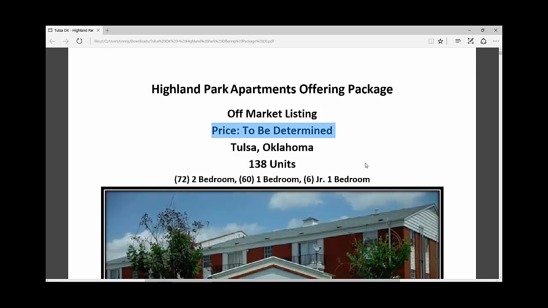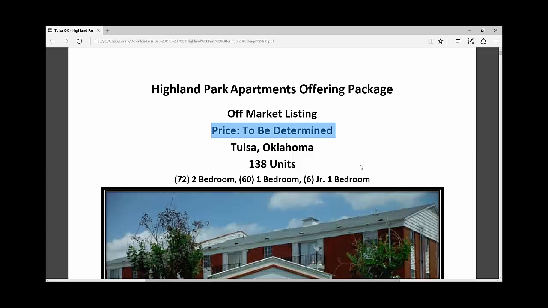If you're looking in the Tulsa, Oklahoma area, you know where this property is located, and you've been working in that area and are very familiar with the market, you should know what the cap rate is on this type of asset. That's going to be to your benefit when we try to determine the price.